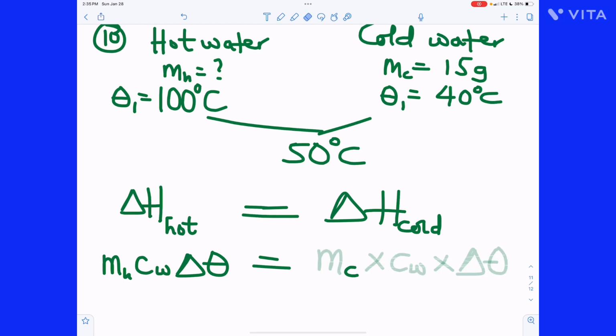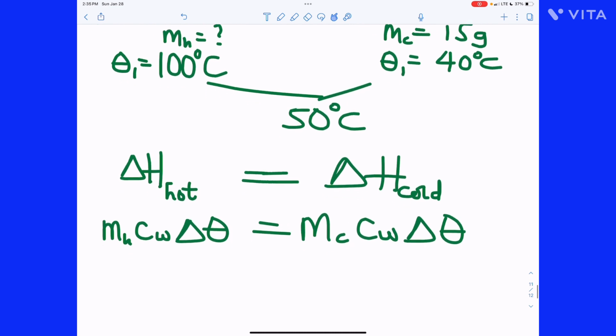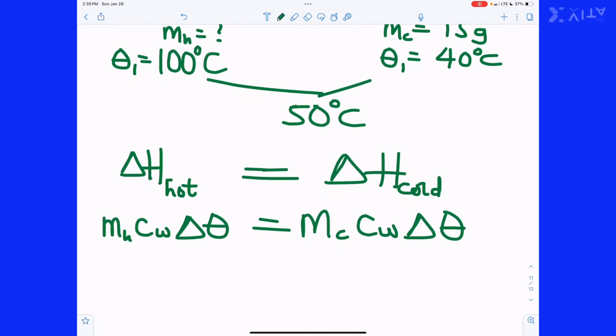These multiplication signs are not compulsory, so let me throw them away. So let's now put our values. We don't have the mass of hot water, so I'm going to write it as M. The specific heat capacity of water will take out each other.